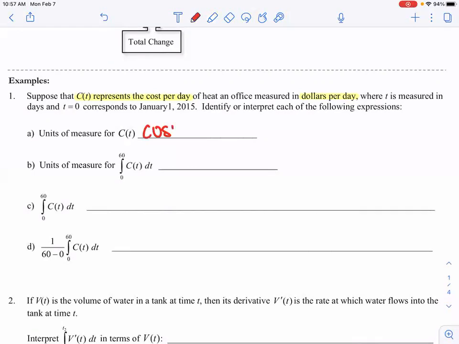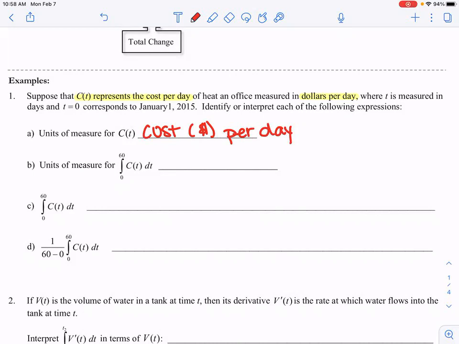Cost in dollars per day. Does that sound like a derivative type of measurement? We're talking about something per a measurement of time. Awesome. So C of t is representing a derivative. We didn't say that it's a derivative, but it's representing one. With that label, cost per day, that is a rate.